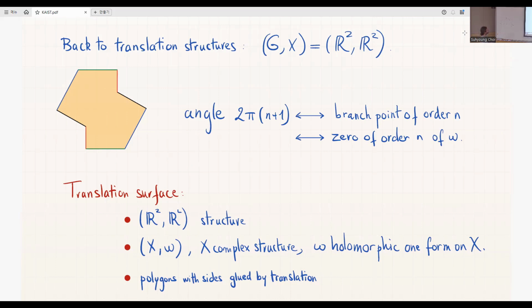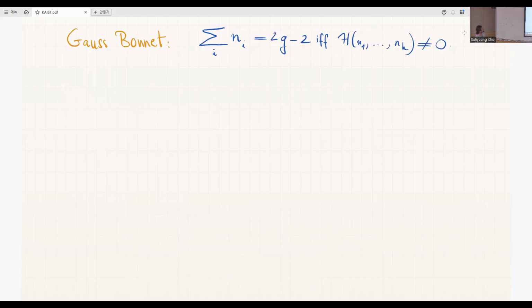And this tells me that this point here is a branch point of order 2. And in the language of holomorphic one-forms, it corresponds to the fact that my holomorphic one-form has a zero of order n. Okay, good.